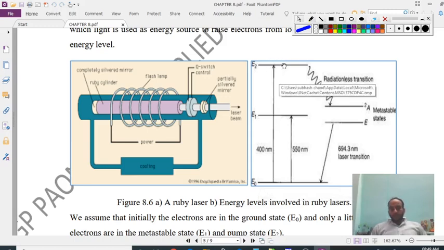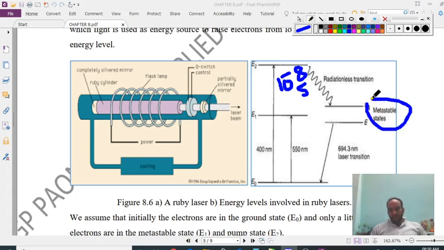Then electrons in the excited state remain for 10⁻⁸ seconds and lose their excess energy by radiationless transition to a metastable state. In this metastable state, these electrons remain for 10⁻³ to 10⁻⁶ seconds.